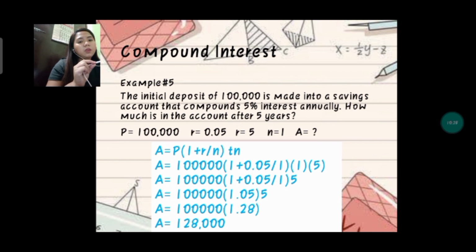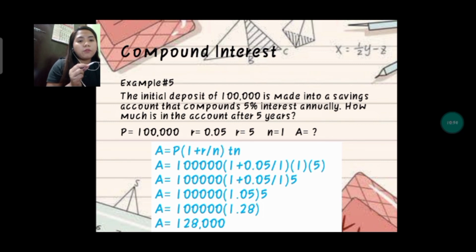A is equal to P times (1 + r/n) raised to the power of t times n. A is equal to 100,000 times (1 + 0.05/1) raised to the power of 1 times 5. 1 times 5 equals 5. So A is equal to 100,000 times (1 + 0.05/1) raised to the power of 5.